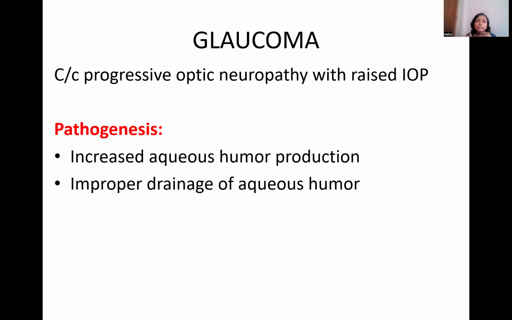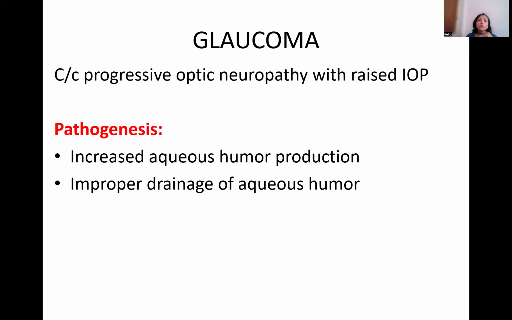Now, how do they reduce it? The osmotic agents like mannitol, etc. We'll come to the classification. The osmotic agents will increase the plasma osmolarity, thereby by osmotic action, they will draw water out of the aqueous humor, so the intraocular tension will decrease.